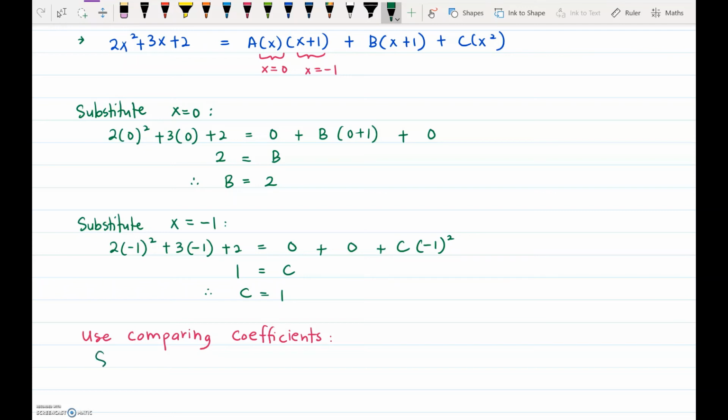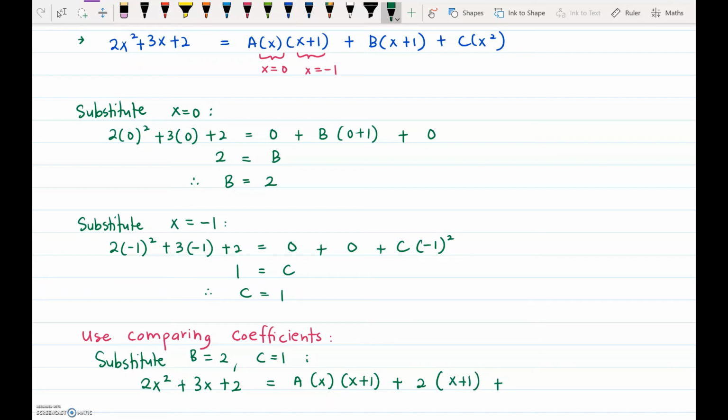Okay, so substitute b equals to 2 and c equals to 1. So now your equation will be 2x squared plus 3x plus 2 equal to a(x plus 1), okay, plus your b is 2, okay, times (x plus 1), plus your c is 1, times x squared.